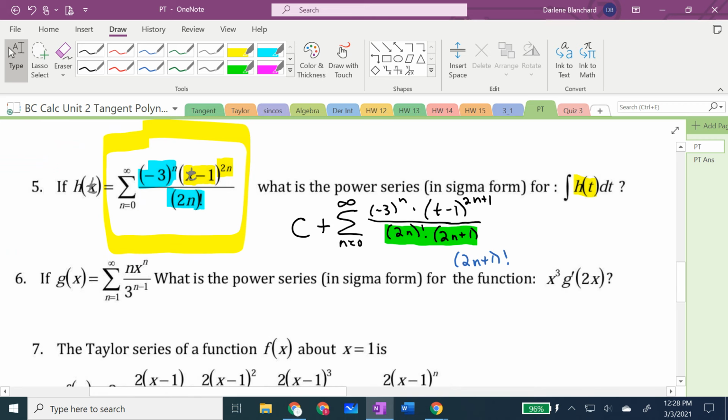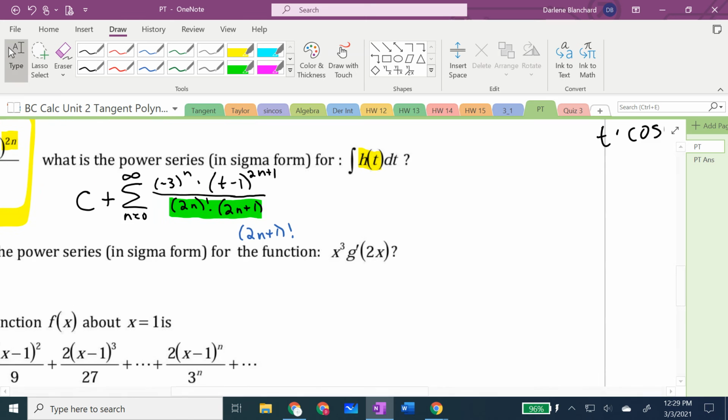For number 6, you're being asked to do a couple of things. I went over this problem with you guys yesterday, but it's worth going over again, especially with it being recorded. You want to realize the order of operations. 2x has to go inside g prime, the function g prime. 2x cannot be plugged in until you have g prime.